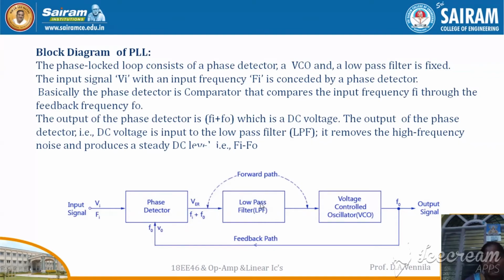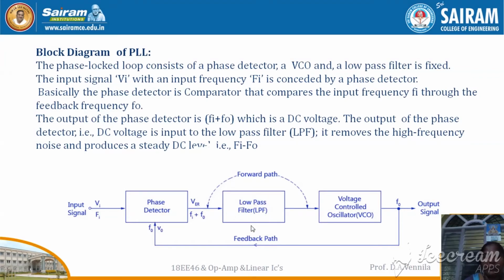This low pass filter, you know the characteristics of the low pass filter. After the cutoff frequency, the filter will not allow any frequency to pass. So this low pass filter will eliminate all the high frequencies and produce only the steady state DC level, that is nothing but Fi minus F0, the input frequency minus the output frequency.